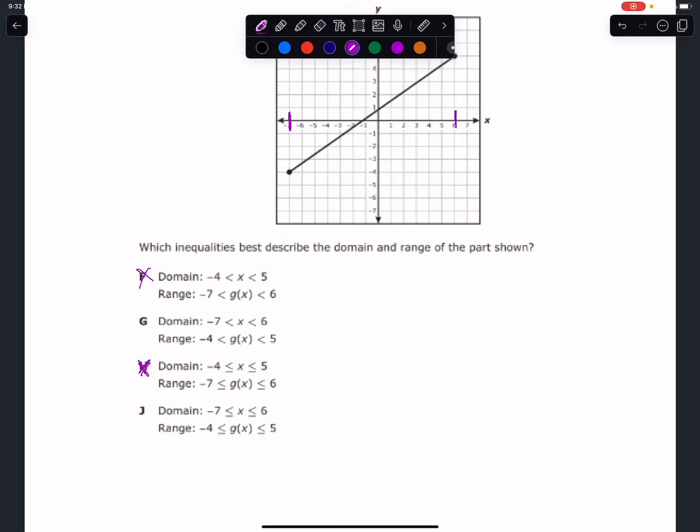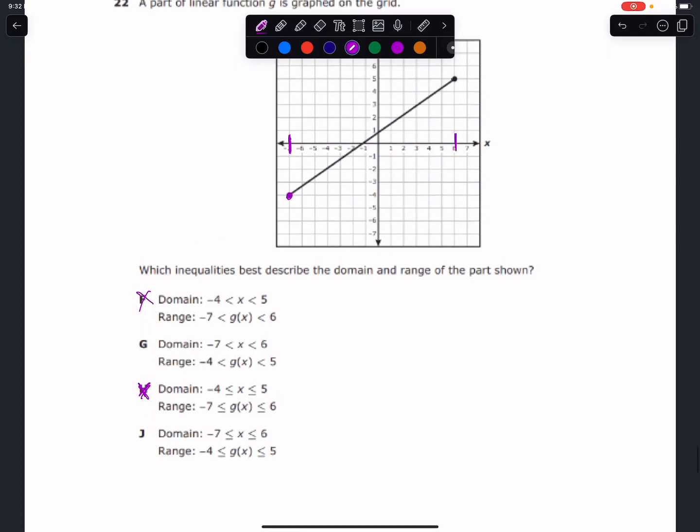But let's see if we notice anything on the domain. These are closed circles. Closed circle, which means it should look something like this. -7, closed circle, X, closed circle, 6. Does G have that? Nope, it's missing the closed circles. So if you cross that one out, my only other option that might work is J.